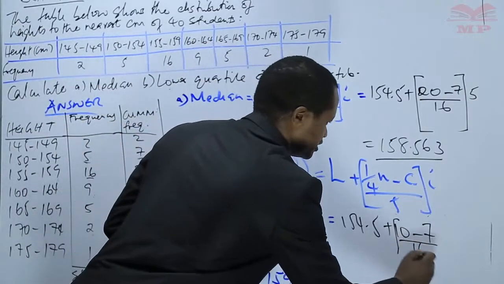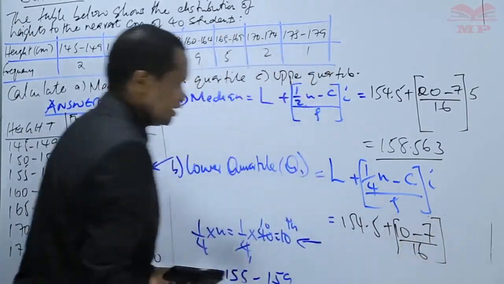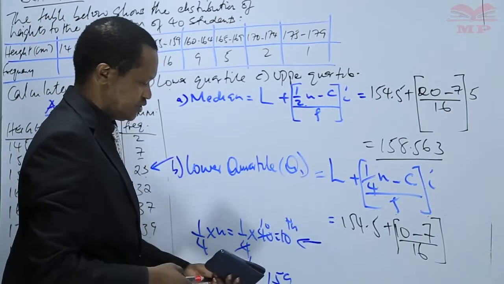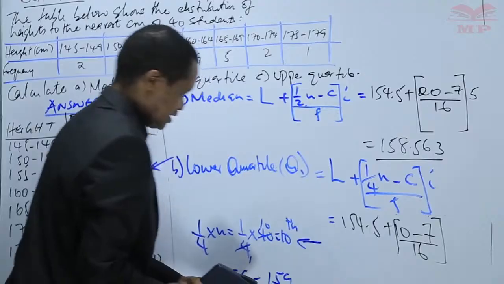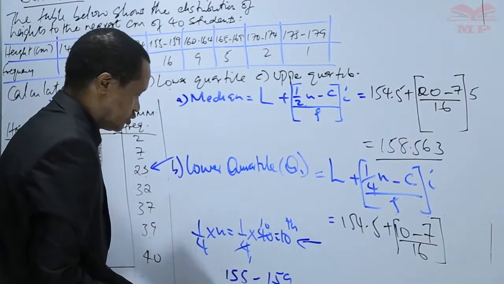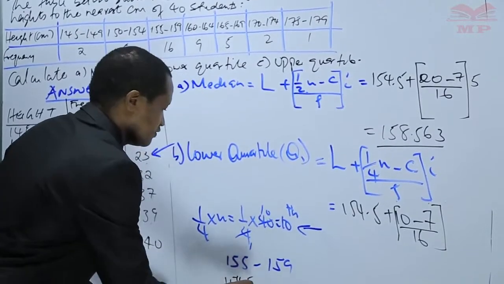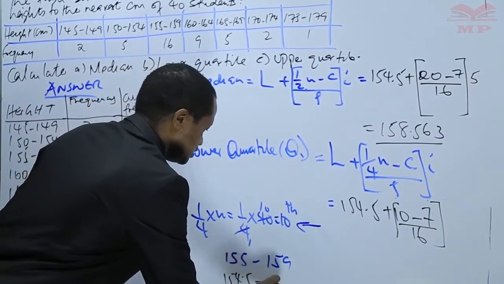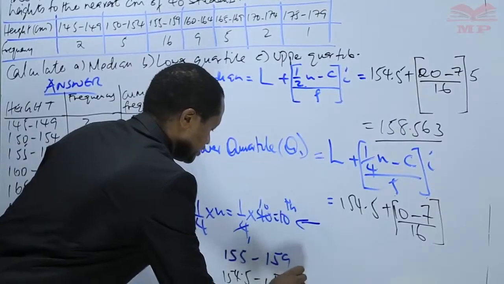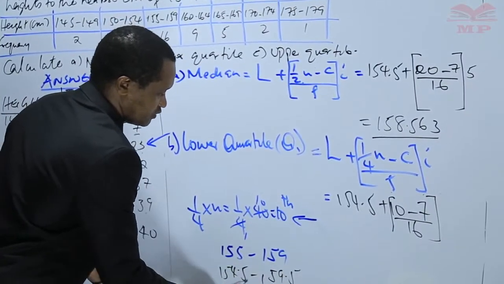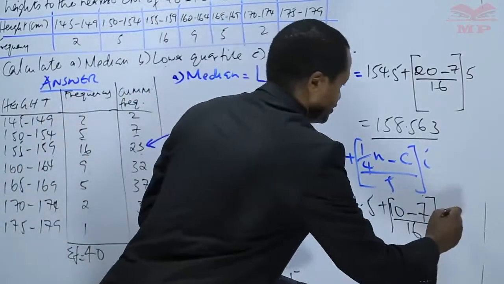Then we multiply by the class interval. The class interval here, learners, is the difference between 159.5 and 154.5, which is equal to 5.